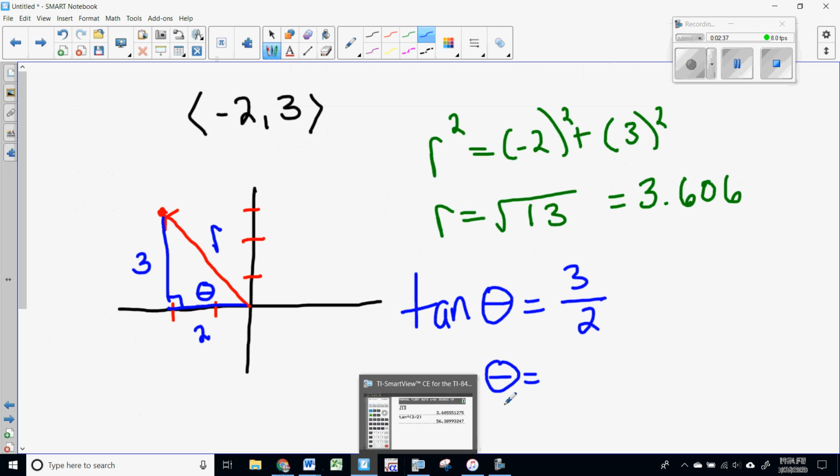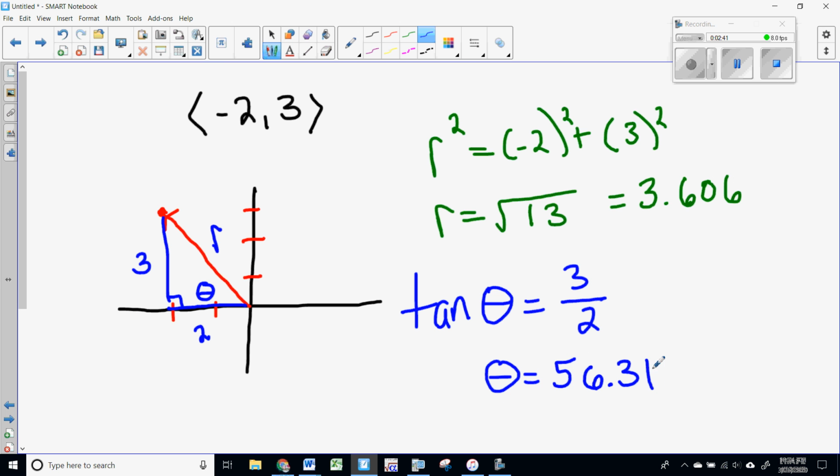So that means that angle is 56.31 degrees. Now, as I write my final answer, 3.606 is the magnitude or the length, and my direction is this angle here, 56, so that is west 56.3 degrees to the north.